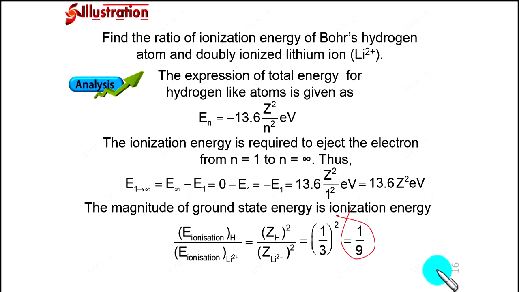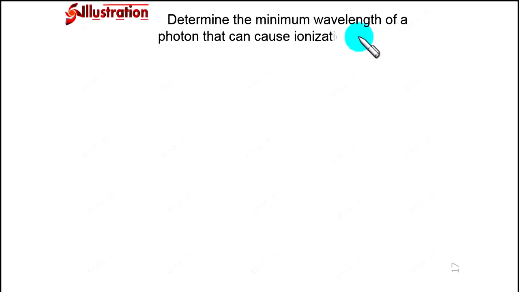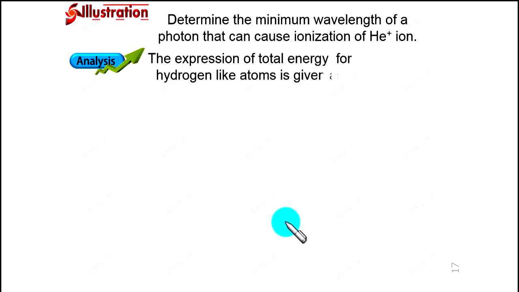Now, let us move to the next illustration. In the next illustration, we need to determine the minimum wavelength of photon that causes ionization of helium ion, right. And we know the total energy of a hydrogen like atom. We can express the total energy with the formula minus 13.6 Z square divided by N square, this formula.